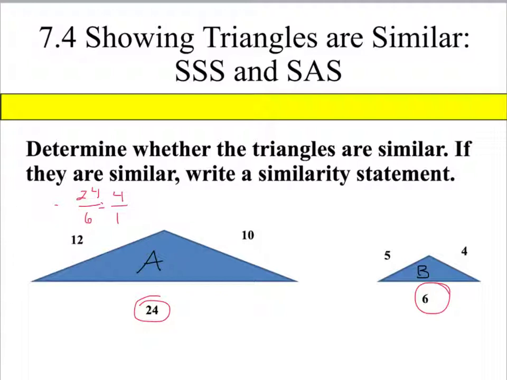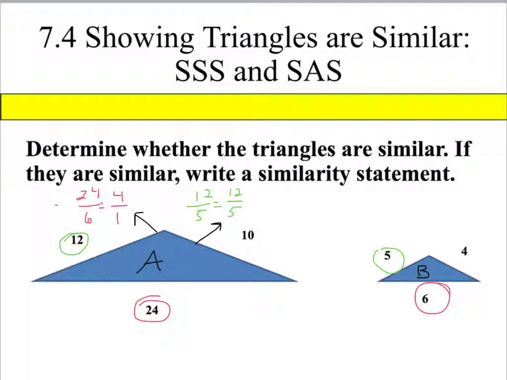I'm going to try the medium sides, which is 12 over 5. Can we simplify that down? No, you can't. So 12 fifths just becomes 12 fifths. Uh-oh. Look at this. We have 4 over 1 and we have 12 fifths. Are those the same?